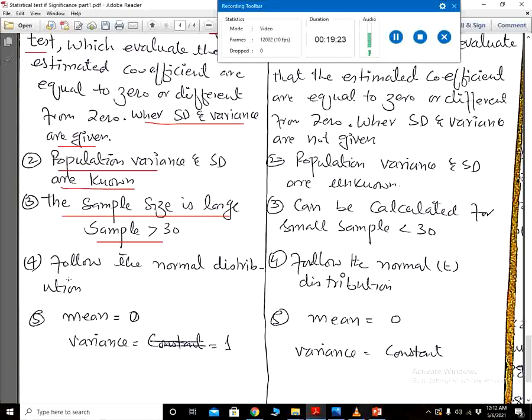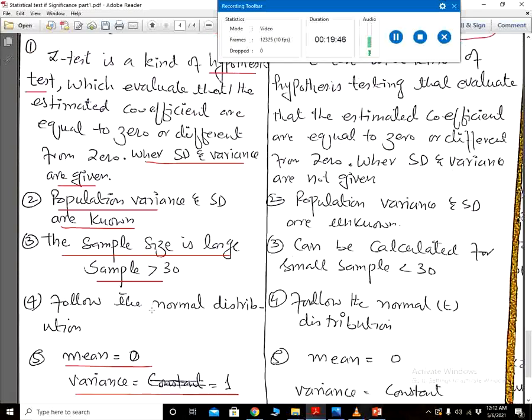Again, the Z test follows the normal distribution with 0 mean and variance equal to 1. These are the important characteristics. There are numerous characteristics that you have studied in Statistics 1 and Statistics 2, but these are the important ones that we will utilize in our analysis.